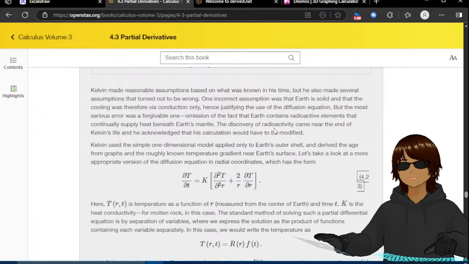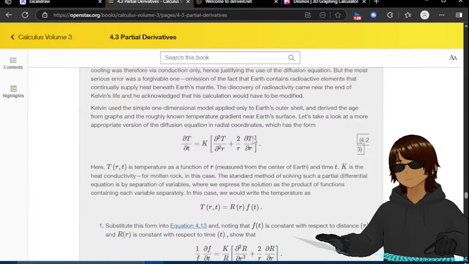The discovery of radioactivity came near the end of Kelvin's life, and he acknowledged that his calculation would have been modified. Kelvin used the simple one-dimensional model applied only to Earth's outer shell, and derived the age from graphs and roughly known temperature gradients near Earth's surface. Let's take a look at a more appropriate version of the diffusion equation in radial coordinates, which has the form this.